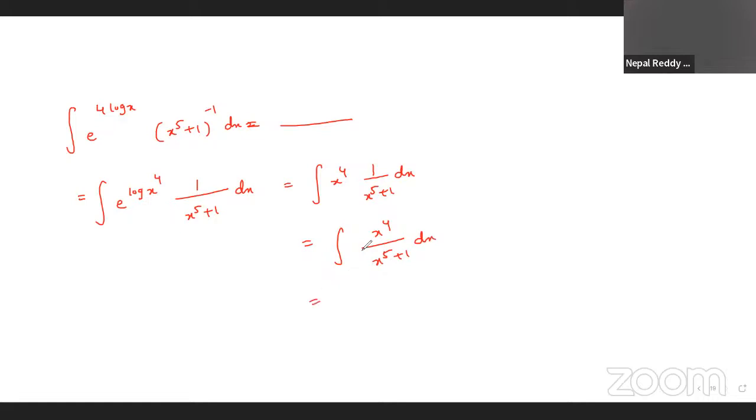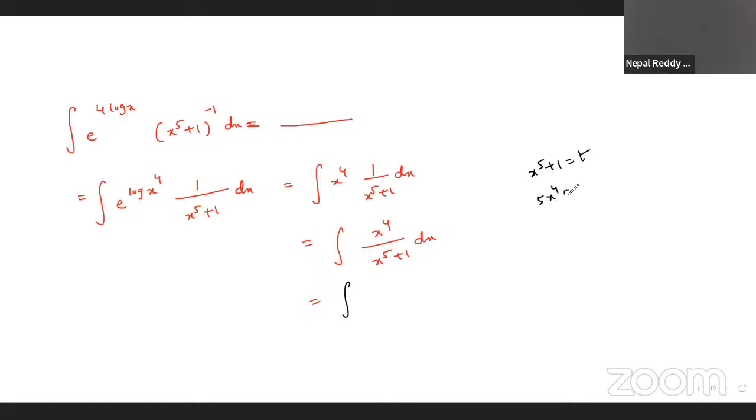To integrate this, assume that x power 5 plus 1 is t.